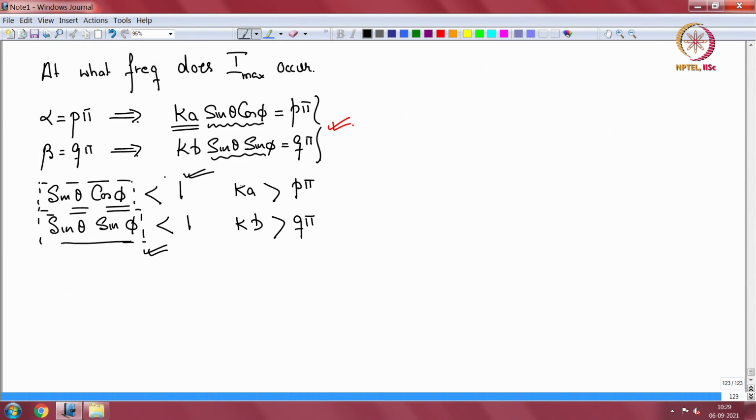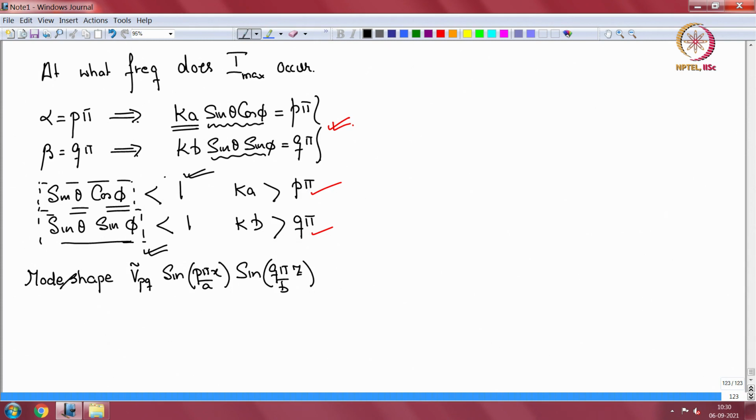So essentially what that means is Ka must be greater than p pi and Kb must be greater than q pi. Now let us see, we have a mode shape. What was my mode shape? V tilde pq sin p pi x by a and sin q pi z by b.